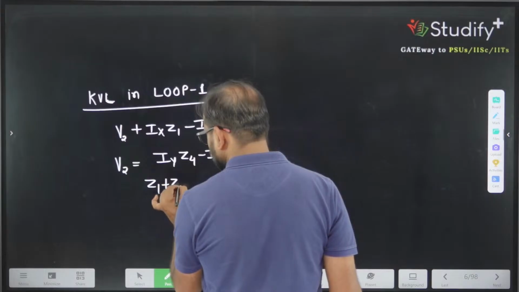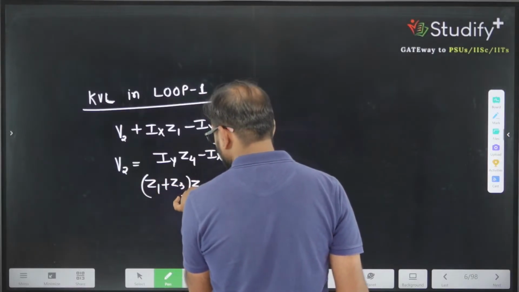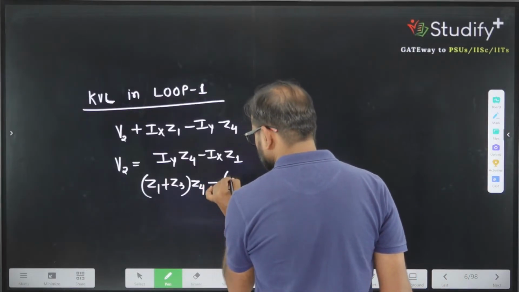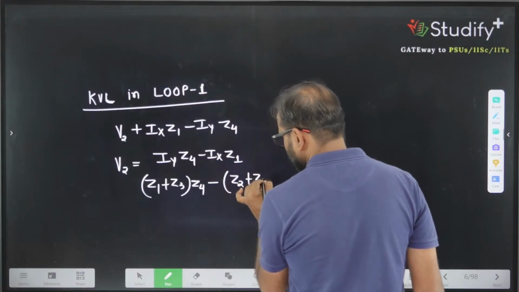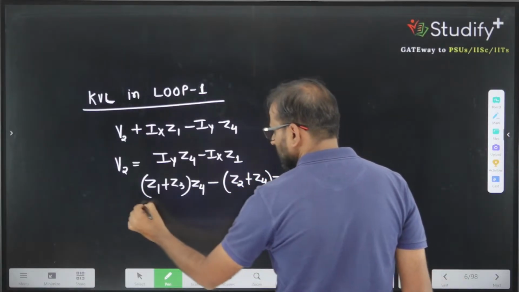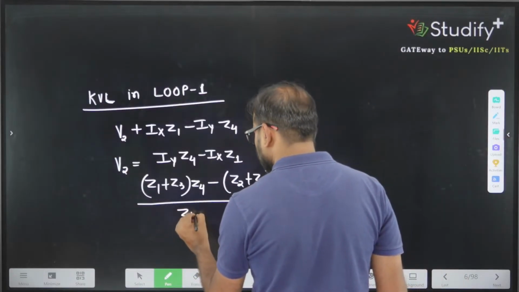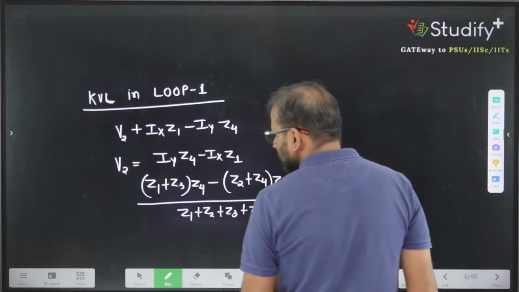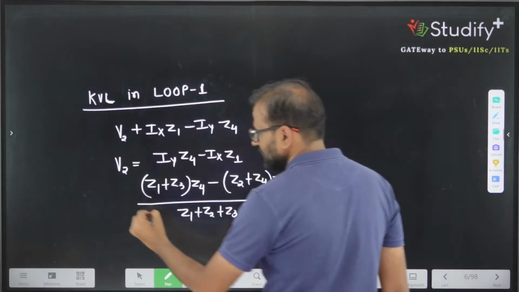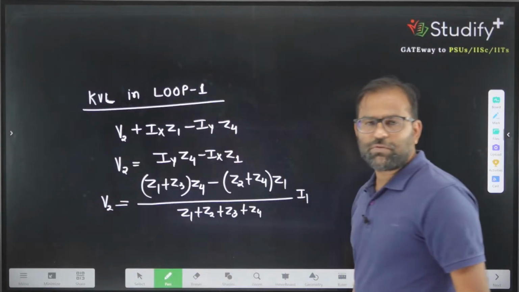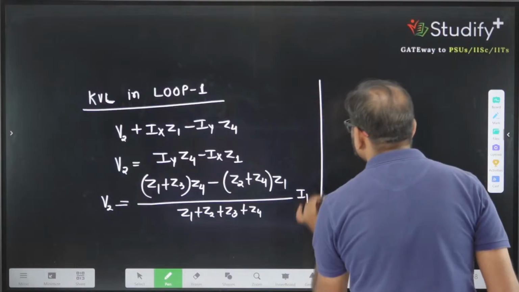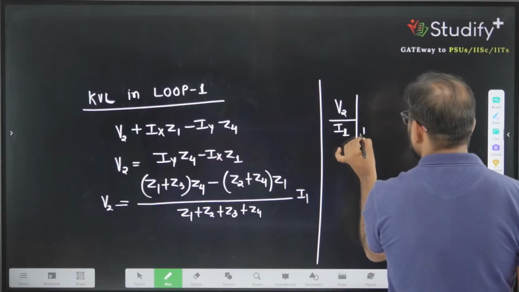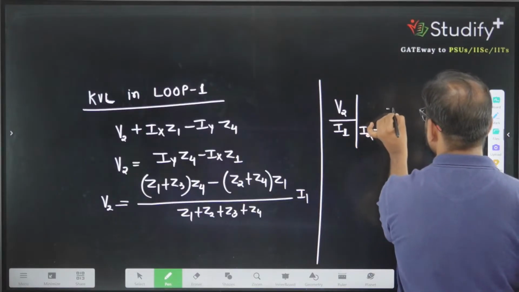So Z1 plus Z3 into Z4 minus Z2 plus Z4 into Z1, and the whole divided by Z1 plus Z2 plus Z3 plus Z4. This much times I1 is equal to V2. So you can calculate one more parameter, equivalent to V2 divided by I1 by making I2 equal to 0, and that parameter is known as Z21.